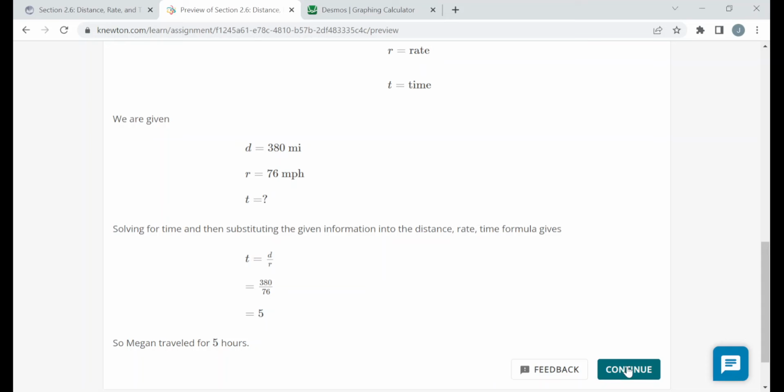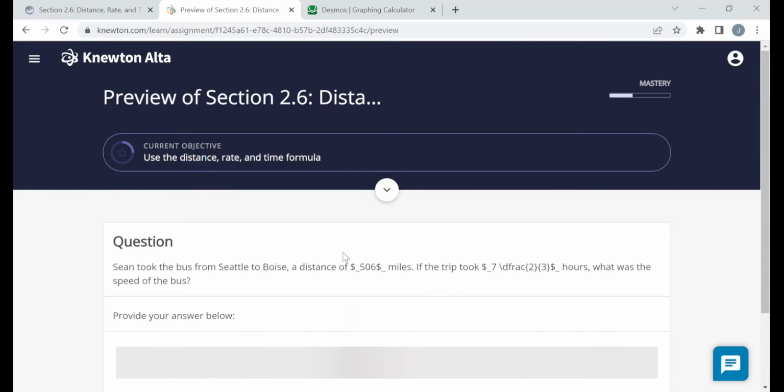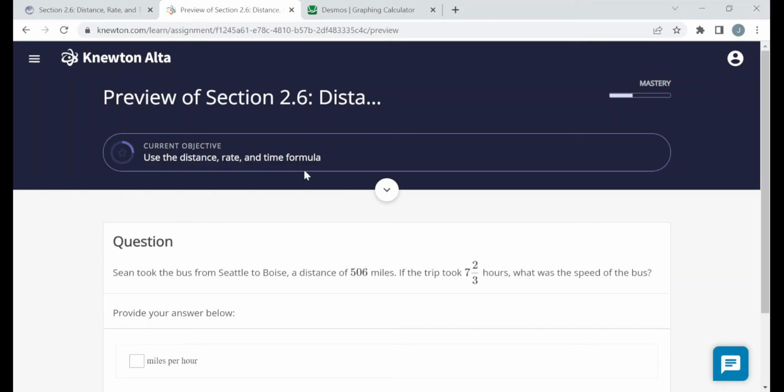Okay. Next. Alright, sticking with the same objective. So here Sean took the bus from Seattle to Boise, a distance of 506 miles. If the trip took 7 2/3 hours, which I will definitely change to an improper fraction.